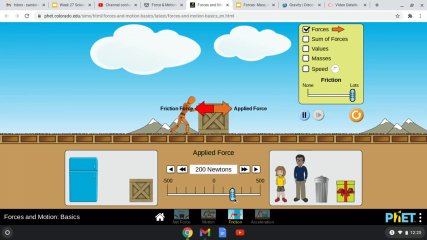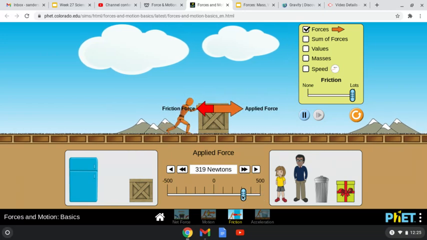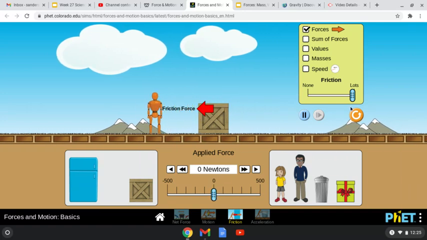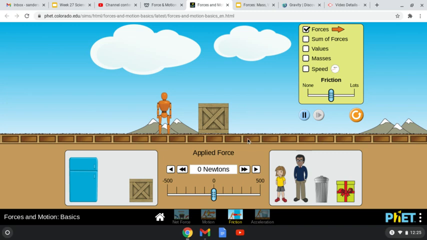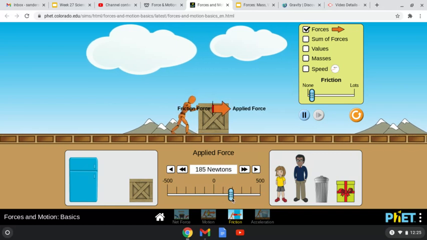Because that friction is so large, we have lots of friction, that box is not moving. I would have to push way up here to get that box to move. So the friction is acting in the opposite direction of the applied force, which will slow it down. Let's say I put the friction really low and I go to 200 newtons.